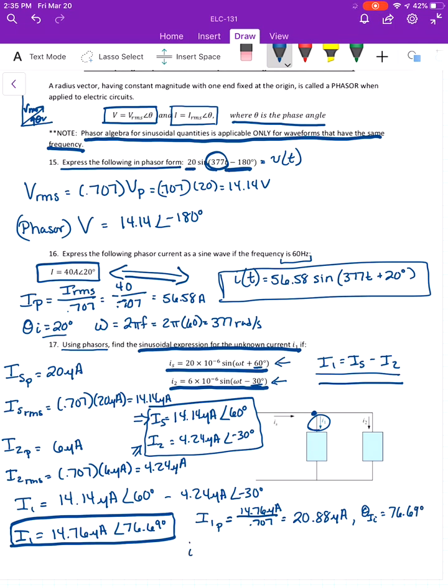And so I1 as a function of time is 20.88 microamps sine omega, which we're not given omega, so we're going to leave it as a variable here as well, plus 76.69 degrees.